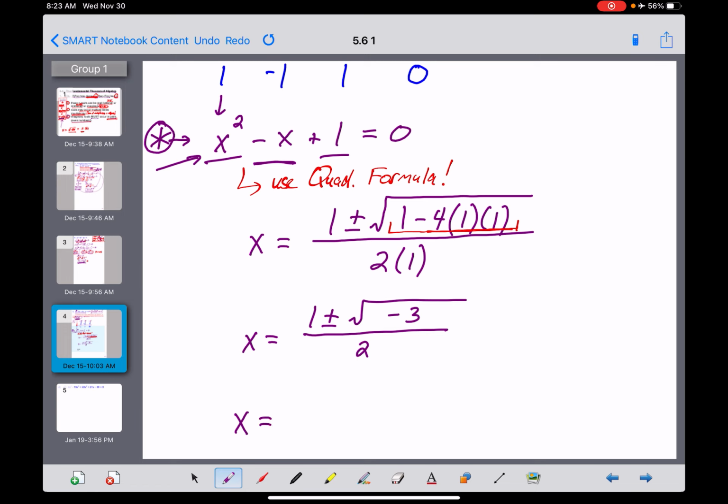And there's actually very little left to be done right here. X is equal to, now we cannot leave the square root of a negative, so we're going to make this 1 plus or minus. And guys, since 3 is such a small prime number, it has no perfect square factors other than 1, all we can do here is pull out the i and then just leave the 3 underneath that. The square root of -3 just becomes i root 3, and a 2 stays on the bottom.